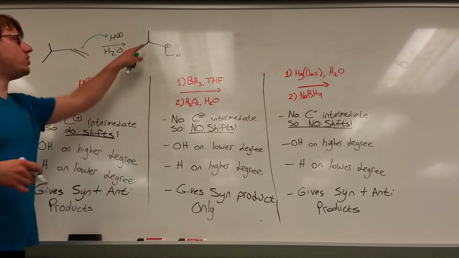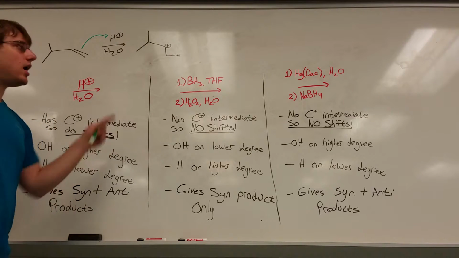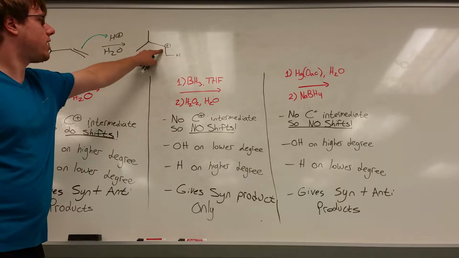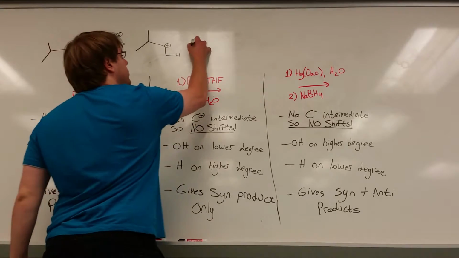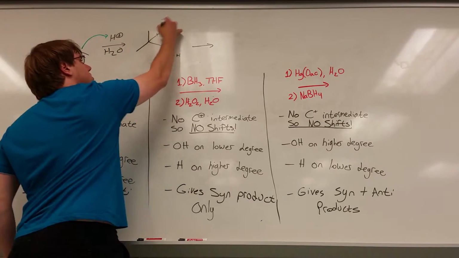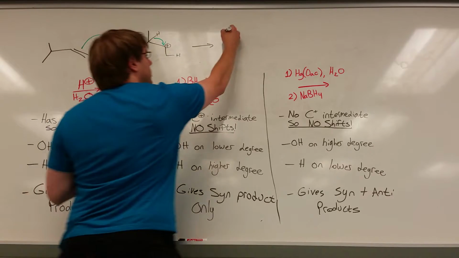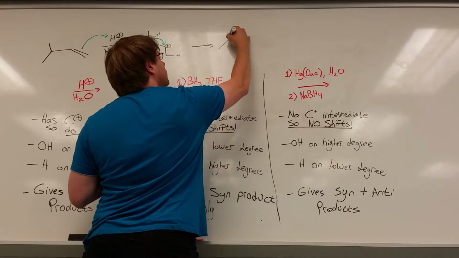Now, if there was no higher degree carbon next to that carbocation, we wouldn't have to do any shifts, and so the H2O would just simply attach there. However, because this carbocation is a single bond away from a tertiary carbon, we're going to end up doing that hydride shift again. So the hydrogen will switch places with this carbocation, and you'll get the carbocation on the tertiary position.